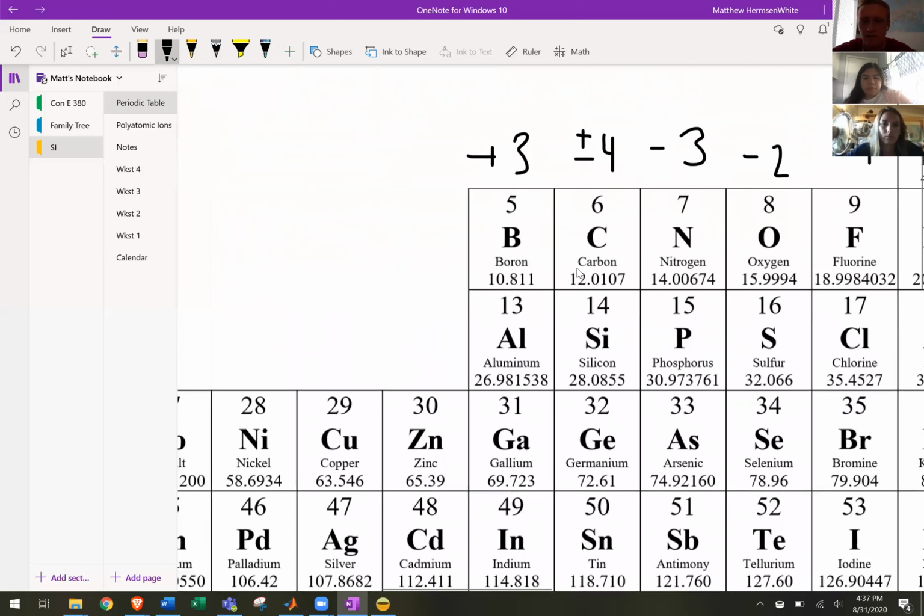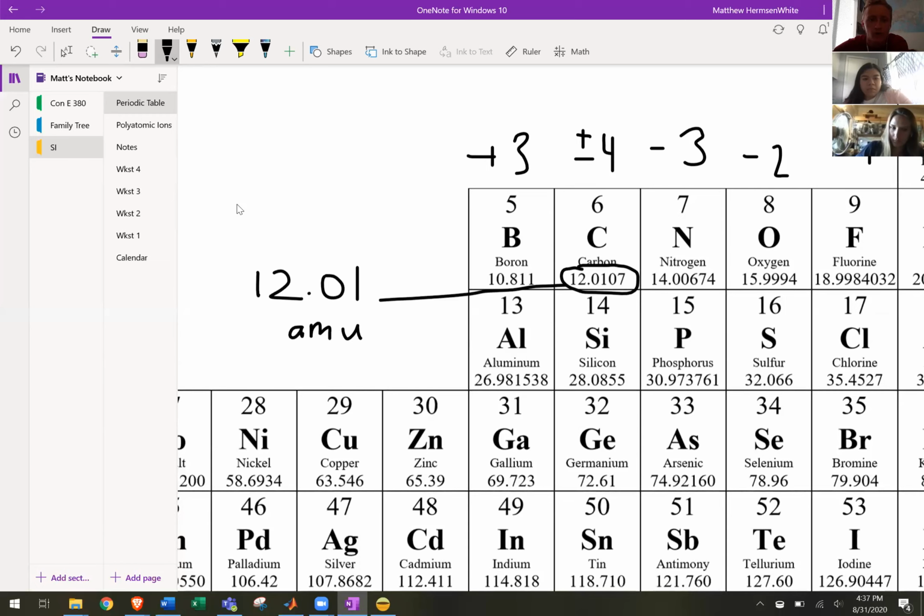Carbon has a weight, trying to explain it in terms that we haven't used yet in this class. So an atomic mass, let's call it that, atomic mass of 12.01 atomic mass units. That is, we have 6 protons and 6 neutrons, so 12 atomic mass units.